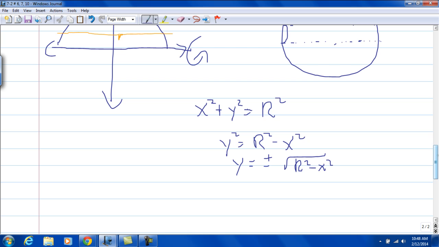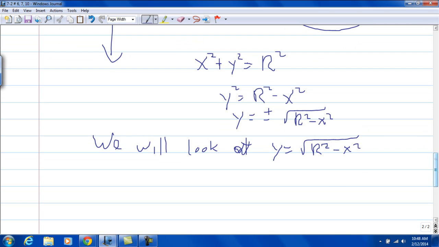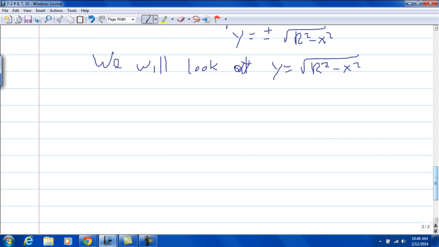So we will look at y equals the square root of capital R squared minus x squared. So just the positive part. I'm going to take a lot of space in this one.